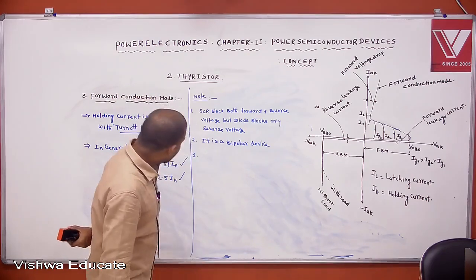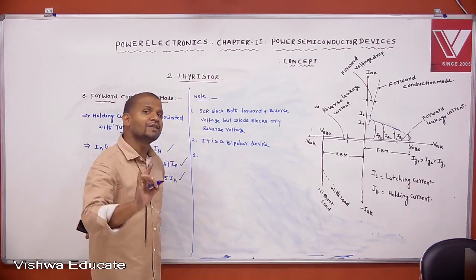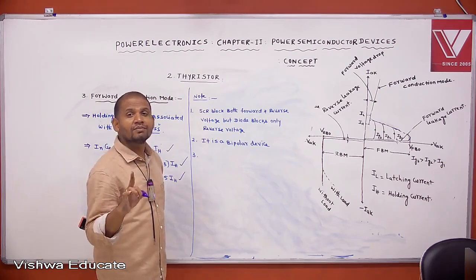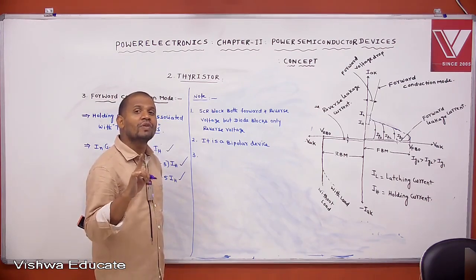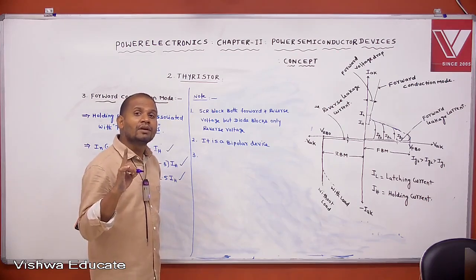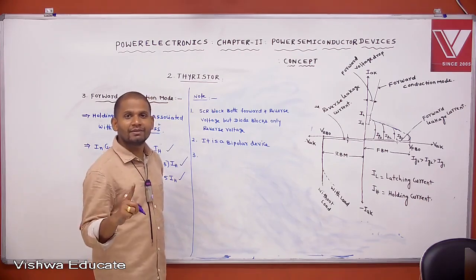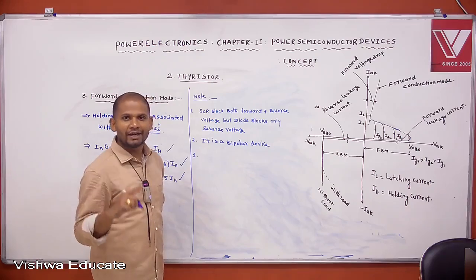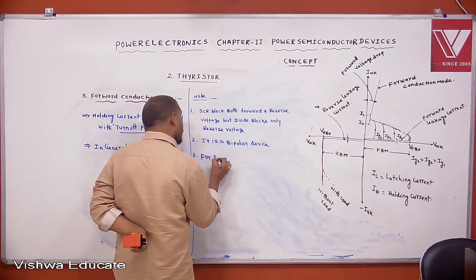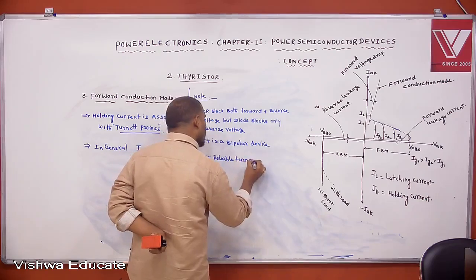Another observation: for reliable turn on of SCR, the gate must be kept on until the current through the SCR reaches the latching current. Gate turn on time, or gate pulse width, must be maintained up to the latching current.